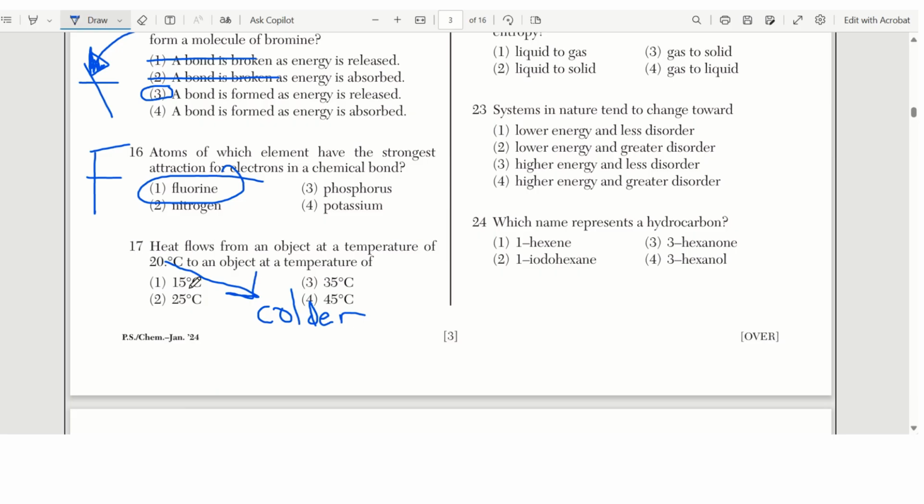Okay, 20 to 25 is going up in temperature. 20 to 35 is going up in temperature. 20 to 45 is going up in temperature. So the only way that the heat from 20 degrees Celsius can flow toward another object is if the temperature is initially lower. So it would have to be 15 degrees Celsius.